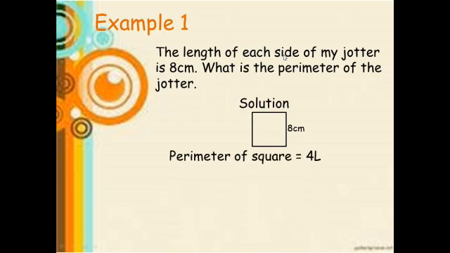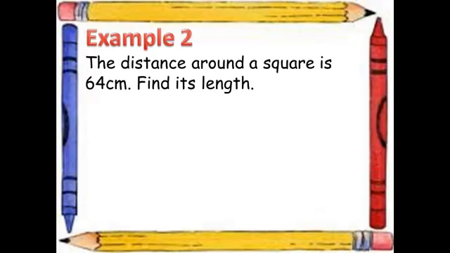Perimeter of square equals 4L. Do you remember our formula? So we say 4 times L, which is 4 times, what's the length? 8 centimeters. Very good. So what is 4 times 8? 32 centimeters is our perimeter.